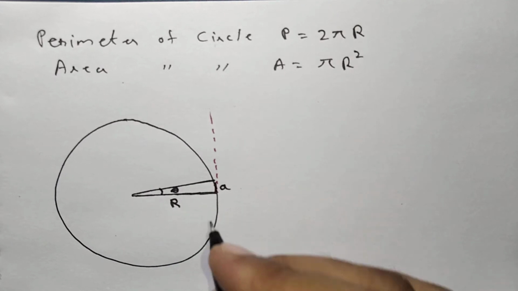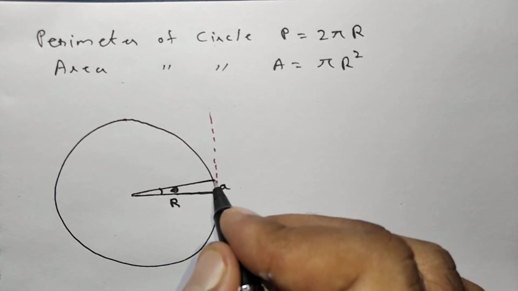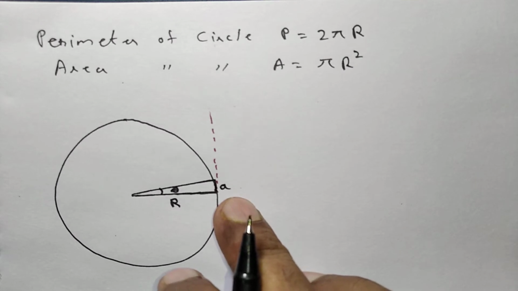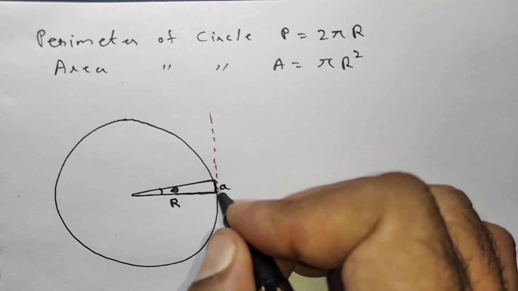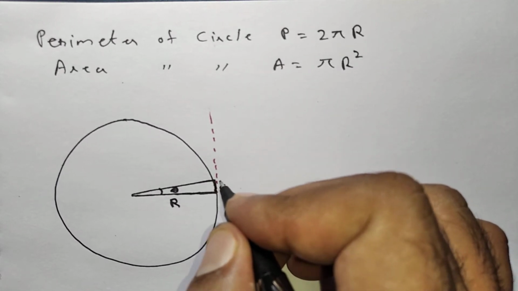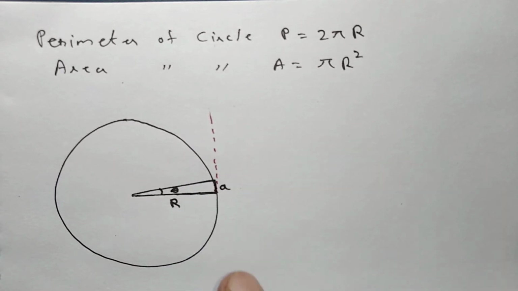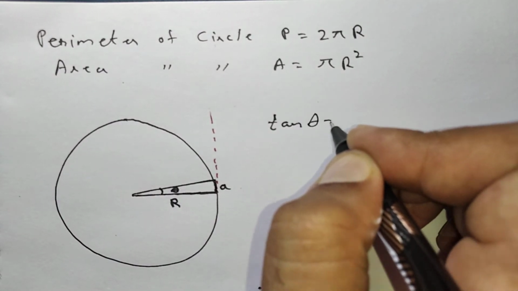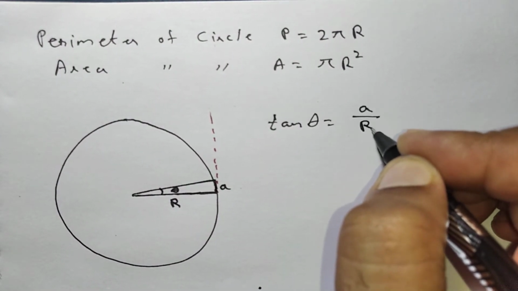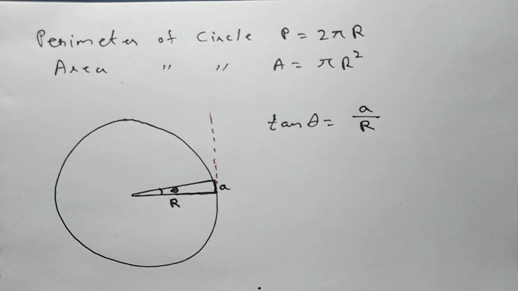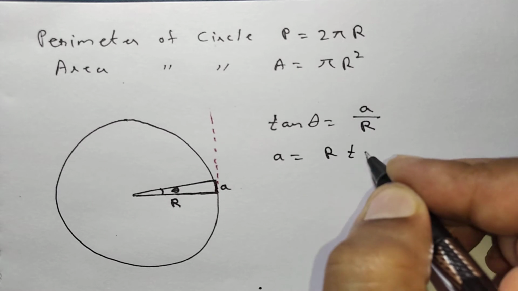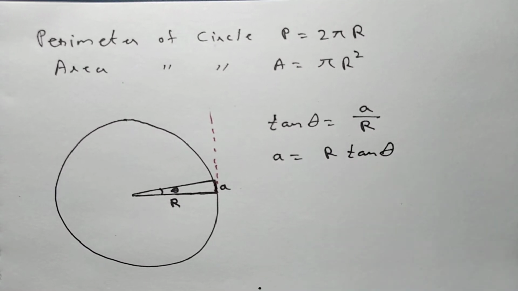This angle is theta, and we have very small perpendicular a. Since this perpendicular is very small, this will be just above the curve of the circle. So we can write tan theta equal to a by r, perpendicular upon base. Then we can write a equal to r tan theta.